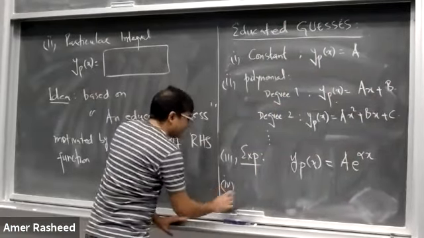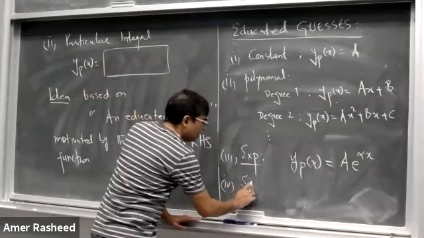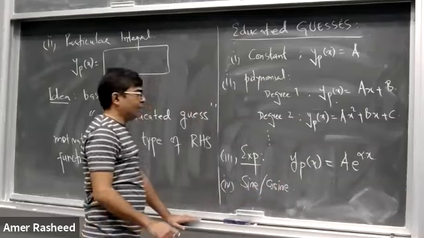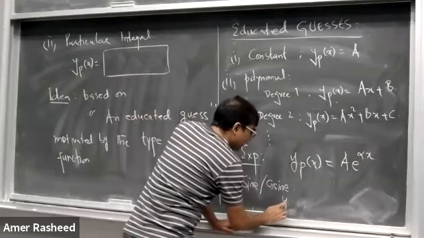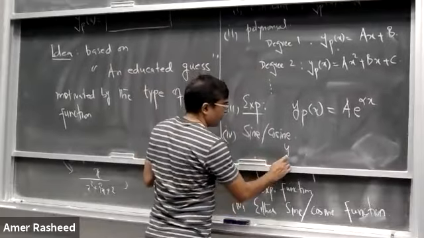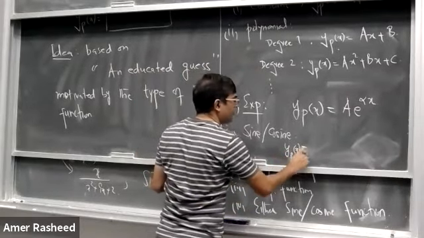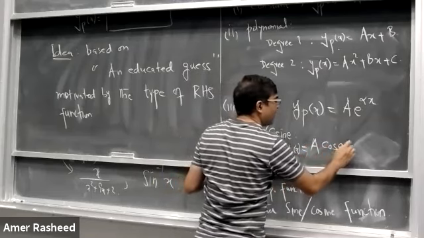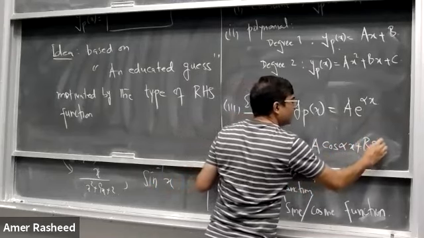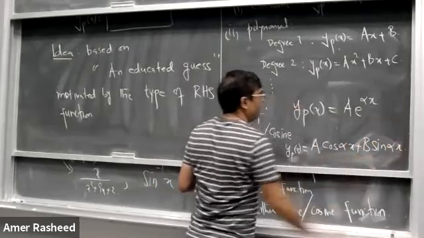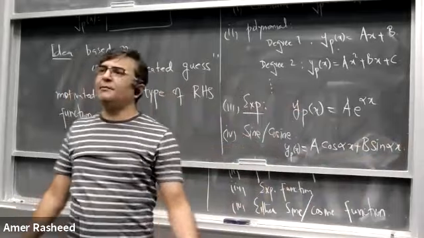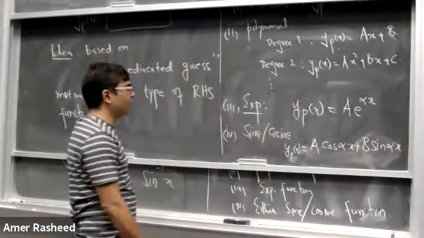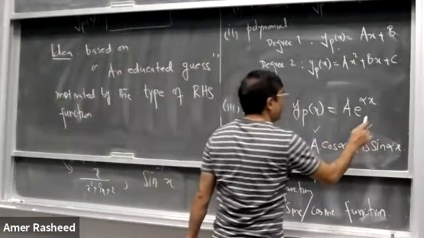Okay. In case of sine or cosine function, the particular integral yp of x is always assumed to be a times cosine of alpha x plus b sine of alpha x, where alpha is the same as given in the right-hand side of the function, and where a and b are unknown coefficients.